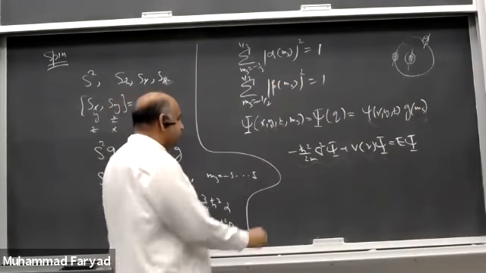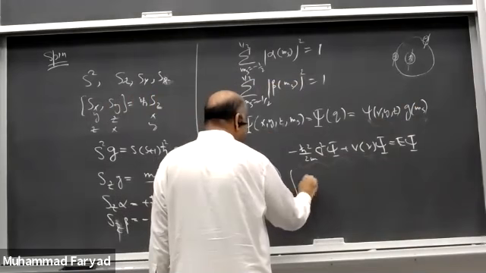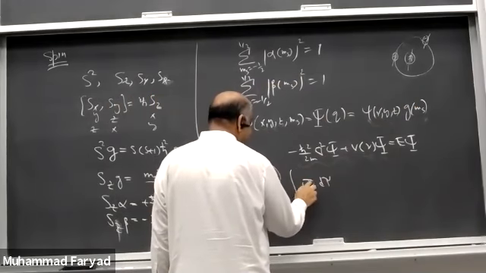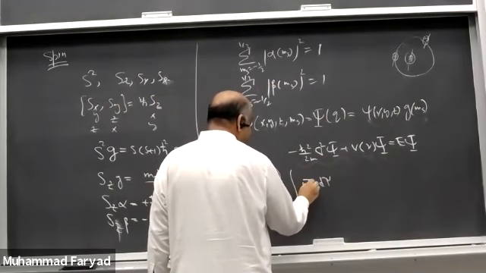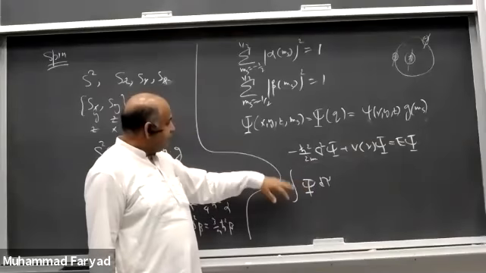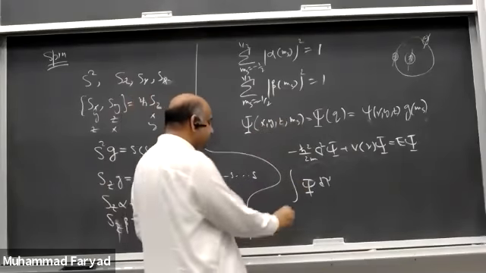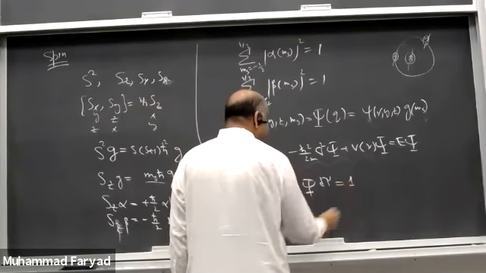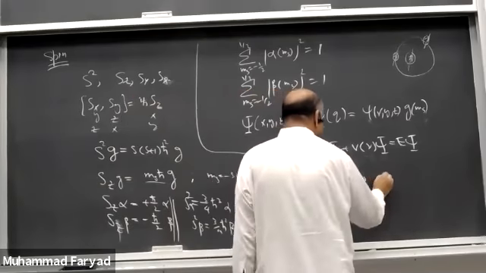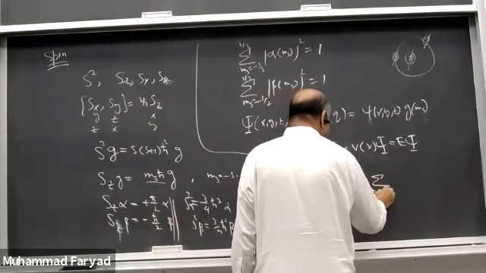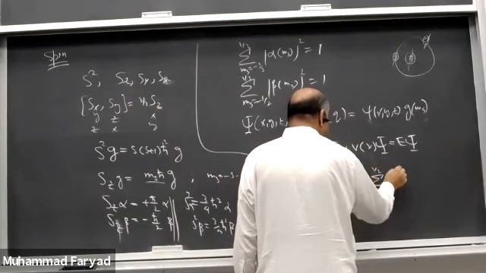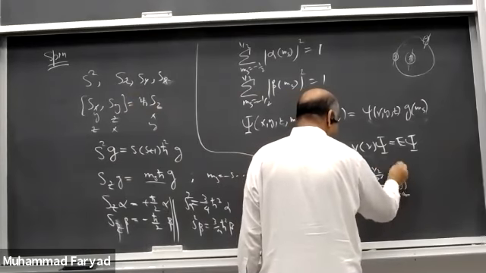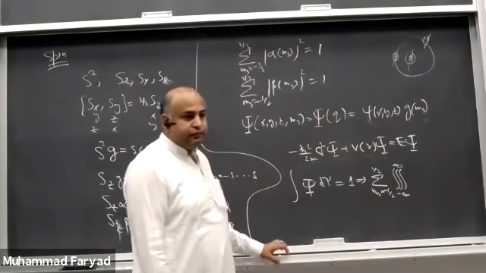Then the usual normalization condition that we write like this, where d tau is an integration over all four variables, and we say this is one, this actually means that our ms goes from minus half to half.